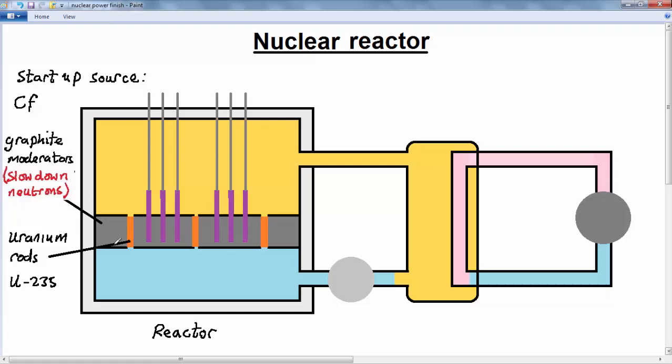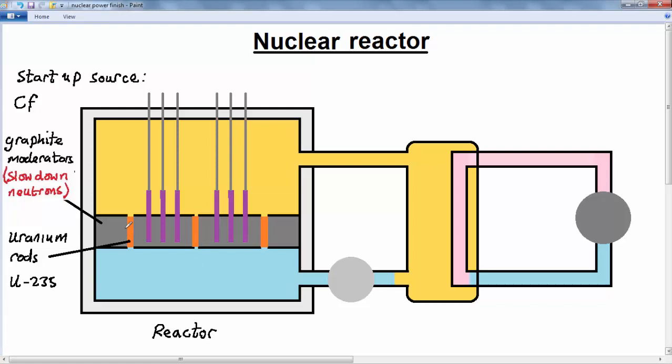Now, as you learnt in the previous lesson, one of the big dangers with this type of energy source is that we are initiating a chain reaction. Once the fission process takes place in these uranium rods, more neutrons will be liberated, which will then interact with more uranium nuclei, which will go on and on and on, releasing more and more energy.